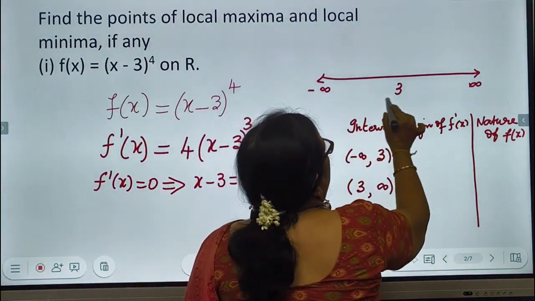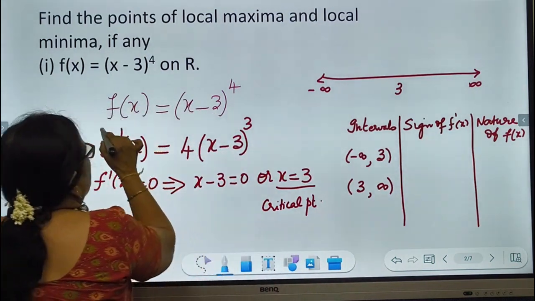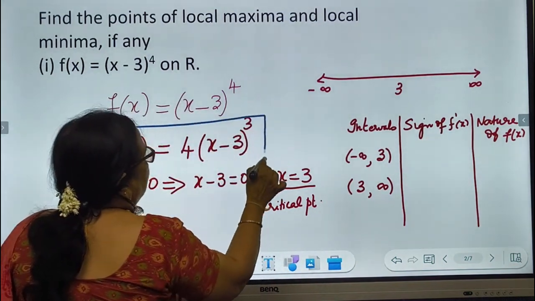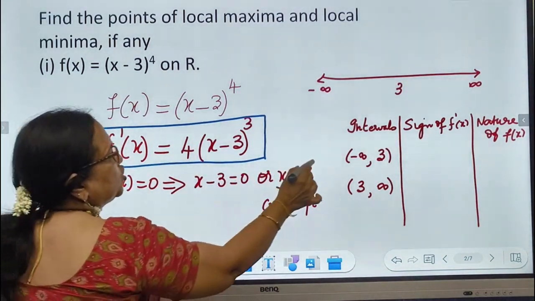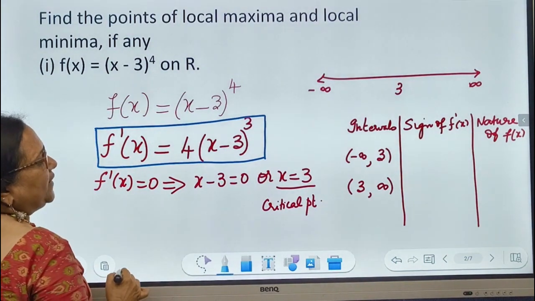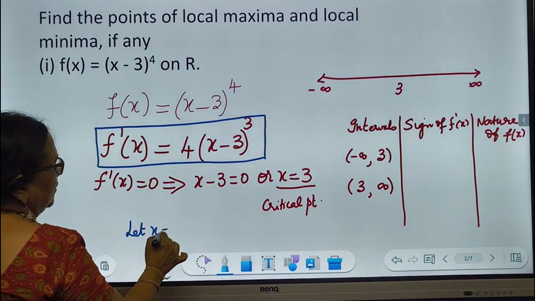Now take any point in this interval and let us substitute in f dash of x. Let us choose a point in the interval minus infinity to 3. So let x be 1.